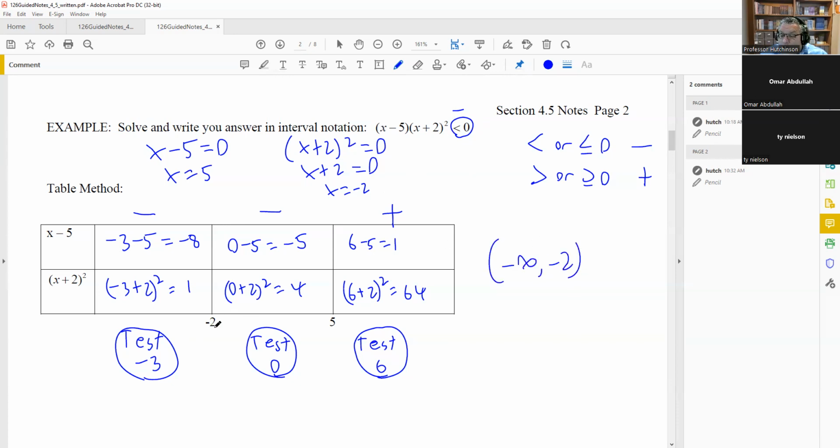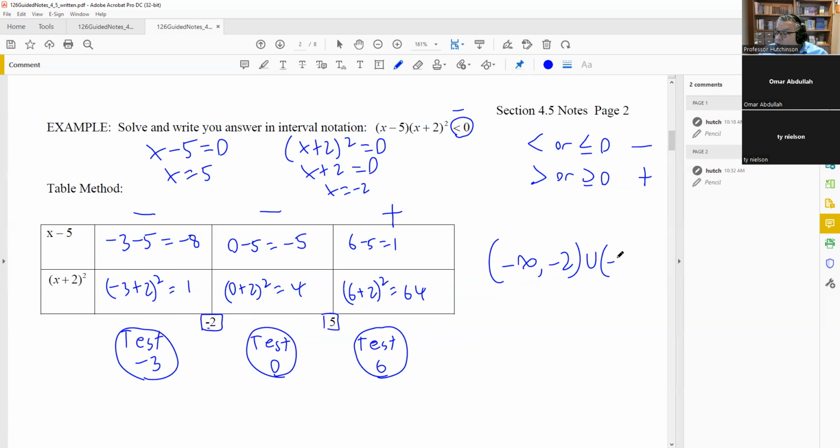Now again, you want to use the numbers that are on right here. The numbers in the boxes are the ones you want to use when you indicate your answer. That's why I usually write the test numbers below. If you were to put like -3 right in the middle of the number line, you might get confused and grab the wrong number when you're writing your answer. So that's why we're just writing them down underneath the test values.